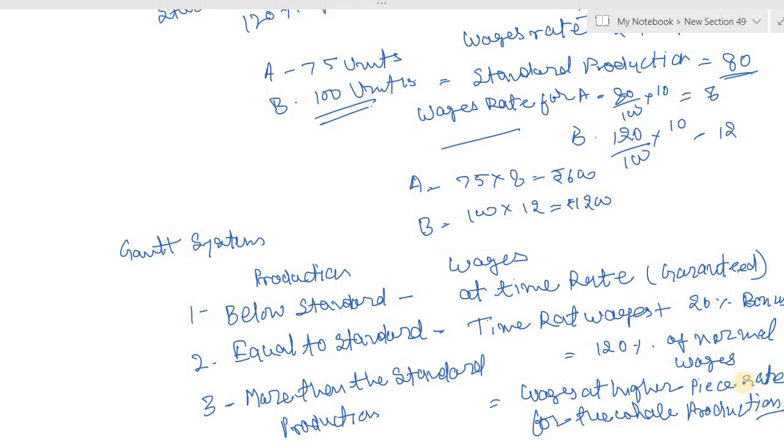Under this system, more efficient workers are provided incentive for earning more wages by improving their performance. At the same time, wages of the less efficient workers are protected because they get at least the guaranteed wages at the time rate, even if the production is less than the standard production.